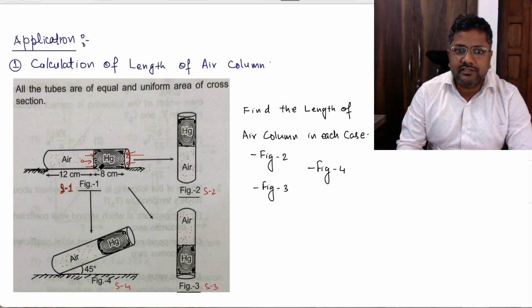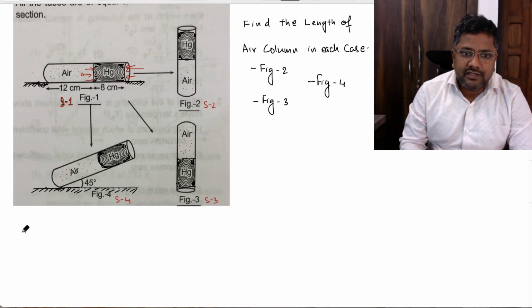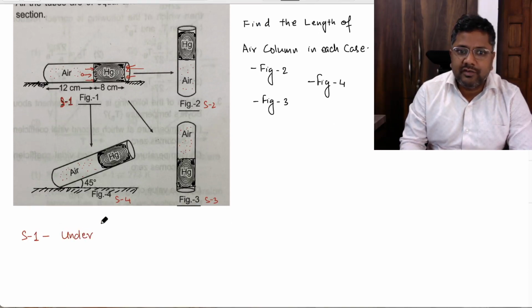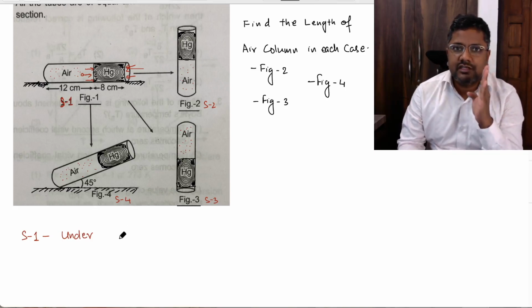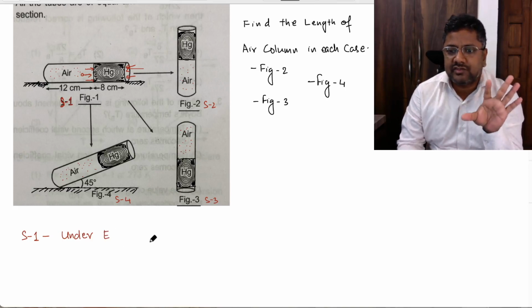So what you can say is that in state 1, it is under equilibrium, because your calculation is always valid under equilibrium, and every measurement of temperature, pressure, whatever variables you are measuring here, all are under equilibrium.